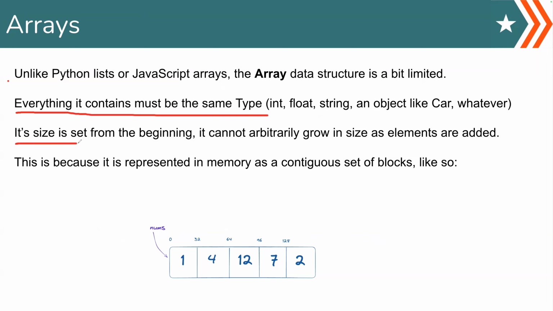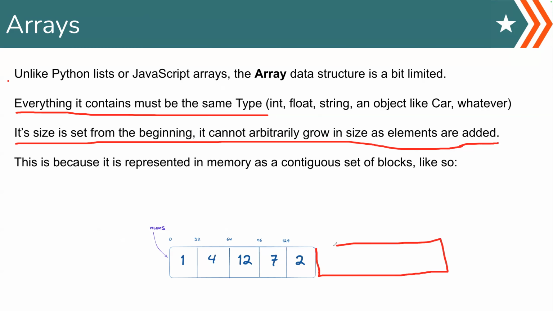An array's size is set from the beginning. This is the great thing about high-level languages like JavaScript and Python. We don't have to think about this, but if I run out of room in this array, I might have to create a new array or use a special operation to add more to the array. And the way the computer works, I just can't add maybe one more unit.